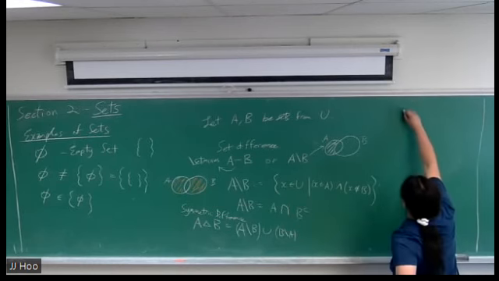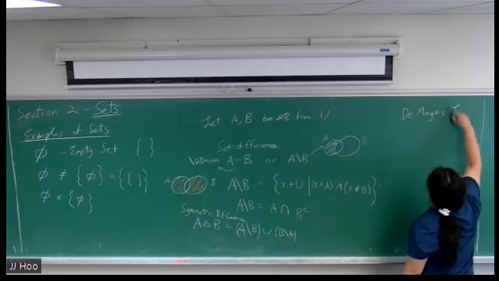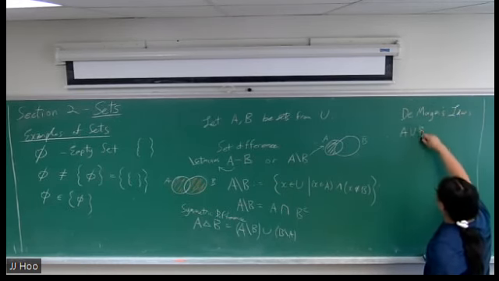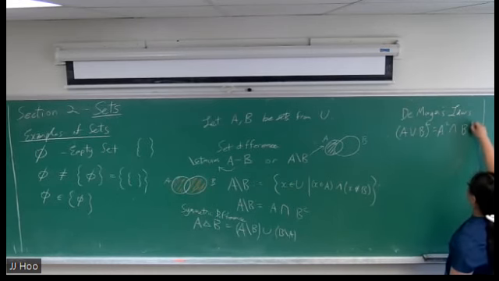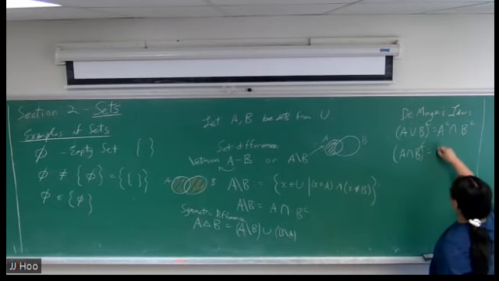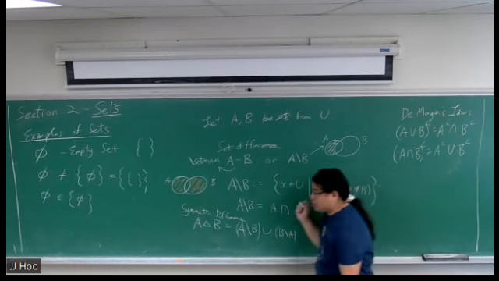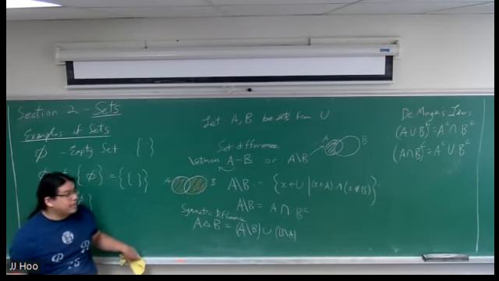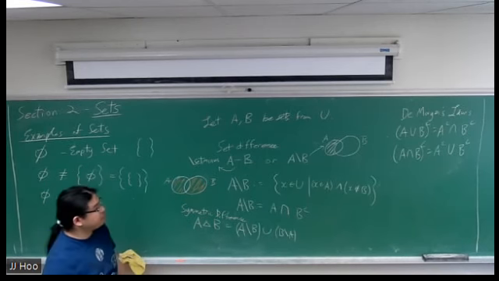Well, we have De Morgan's laws for sets that work in exactly the same way. We have A intersect B complement is equal to A complement union B complement. This works in the exact same way that De Morgan's laws for logical connectives did, in the sense that when we're taking a complement or a negation and we're distributing through everything else, we just flip everything, right?